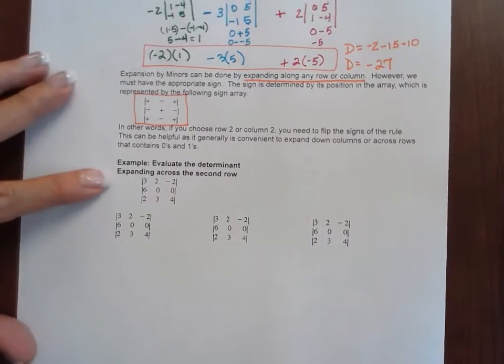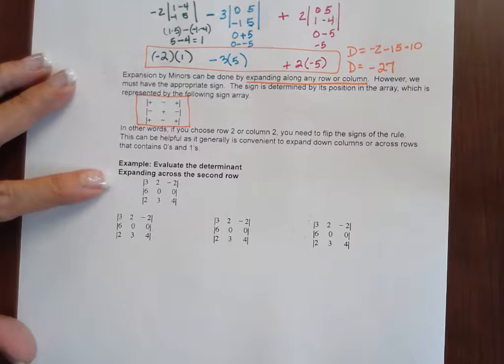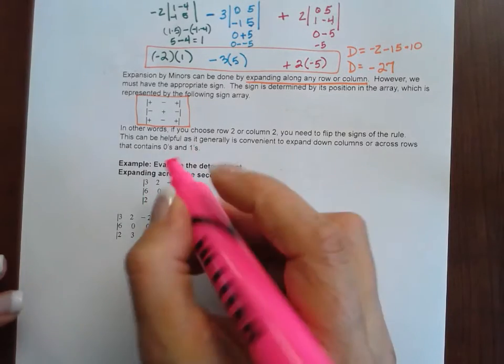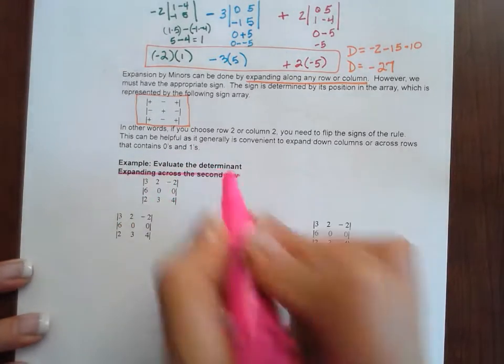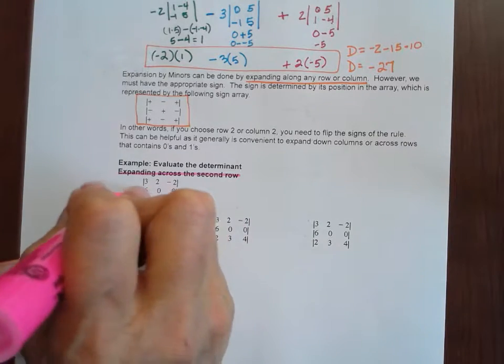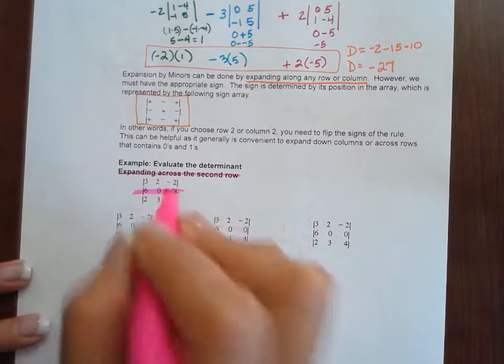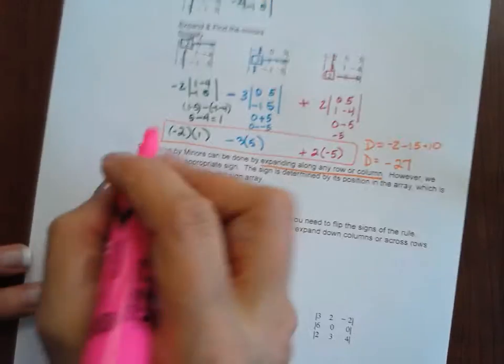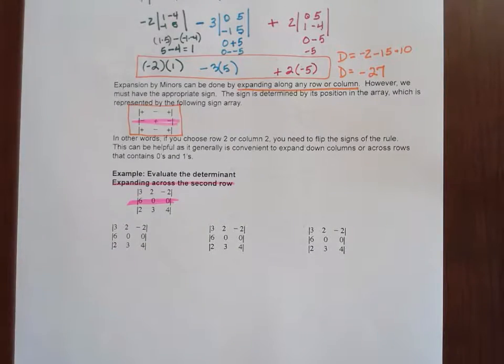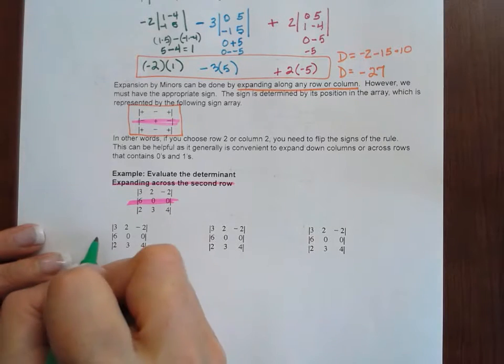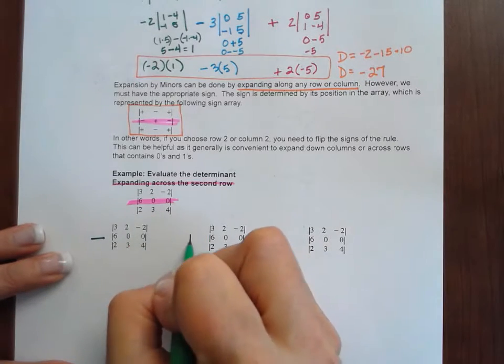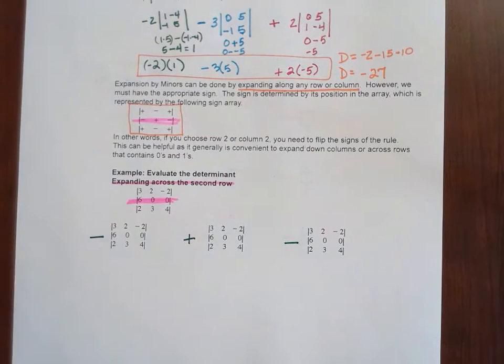For instance, on the next example, if we're going to expand across the second row, that means I need to use those symbols. So it's going to be a negative, a positive, and then a negative. Does that make sense?